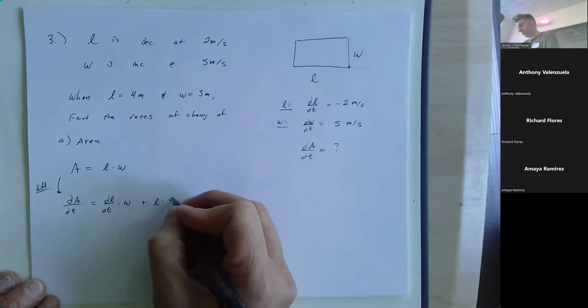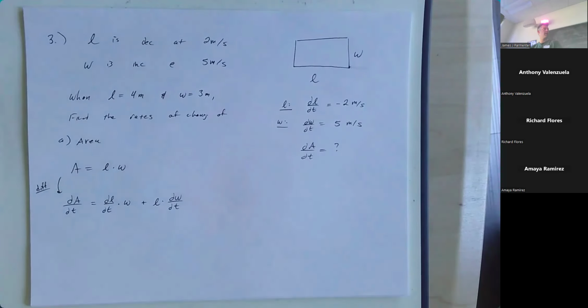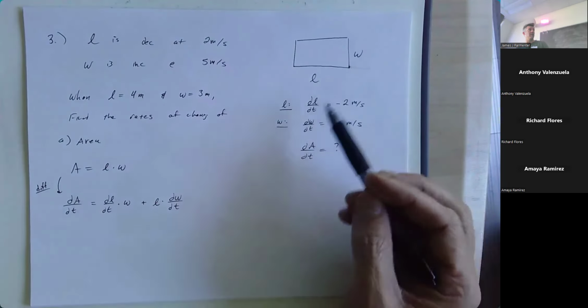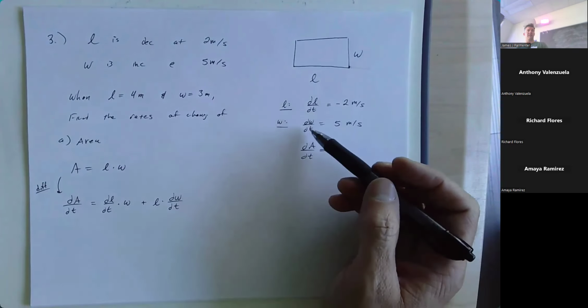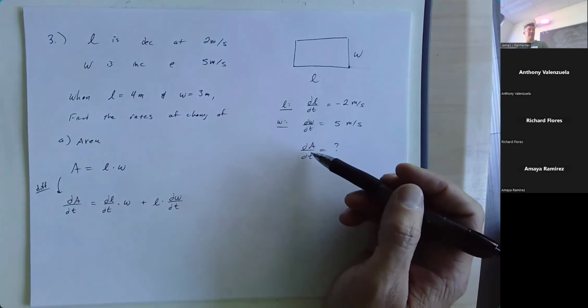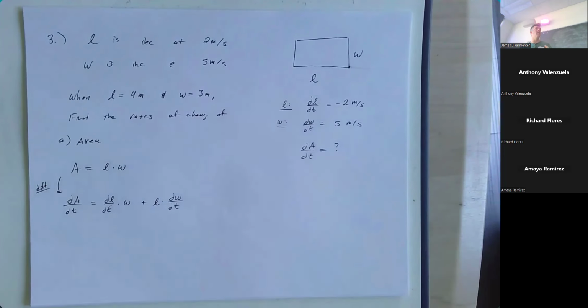We multiply by the derivative of W, which is dW/dt. Tip: when you're doing these related rates problems, you should be getting all the things you need to be using in your equation. So if you know what dL/dt is and dW/dt is, and you're trying to find dA/dt, dL/dt and dW/dt and dA/dt should show up in your equation after you've differentiated both sides.